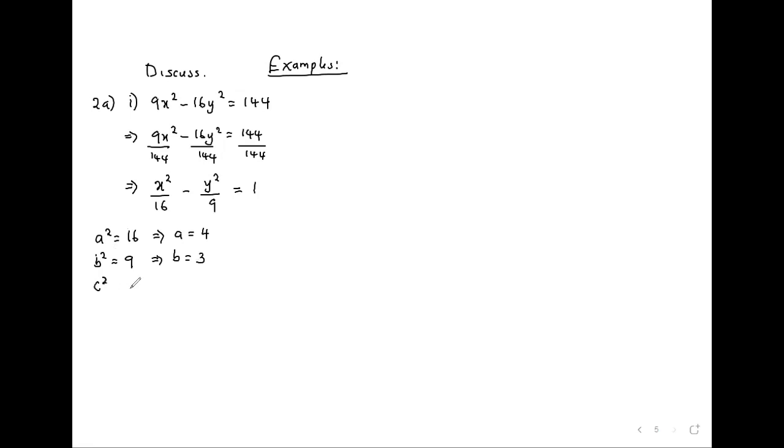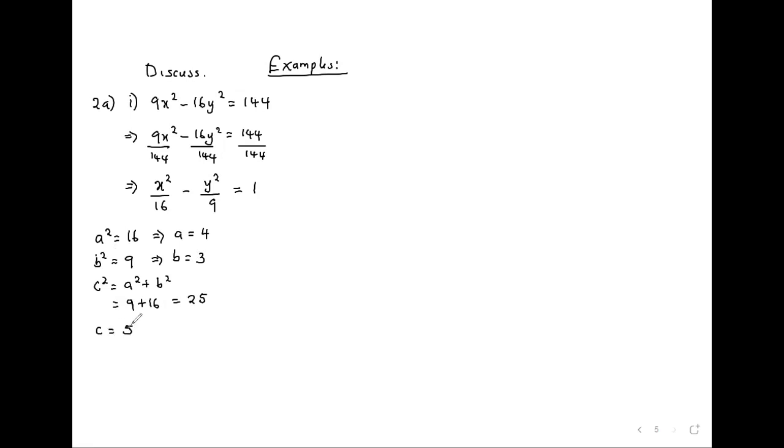So our c squared is a squared plus b squared. So it will be 9 plus 16, which is 25. And so c is going to be 5.